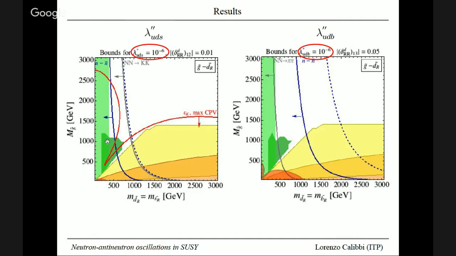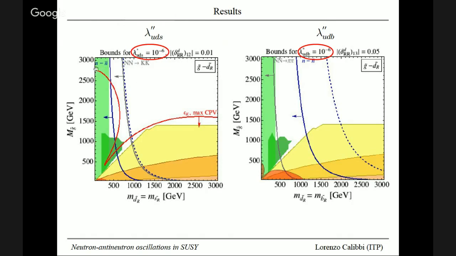But of course, we have other constraints. The strongest in this case comes from dinucleon decays, which seems to be more or less of the same order of the proposed increase of the sensitivity in n n bar.